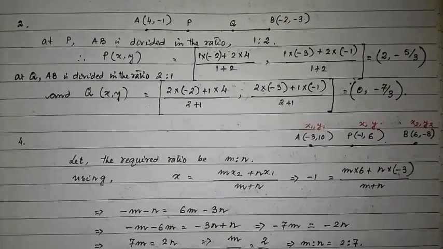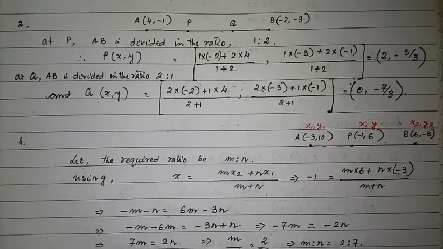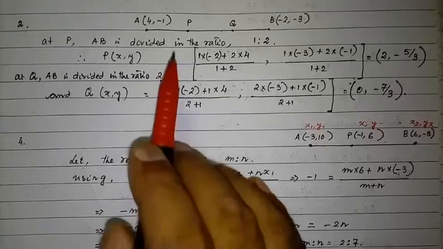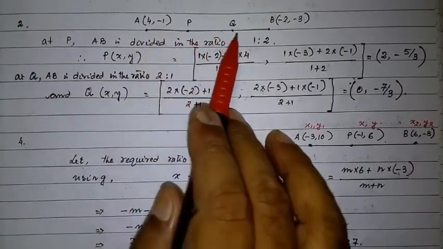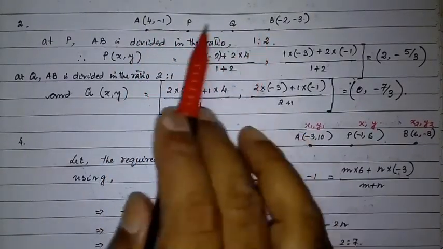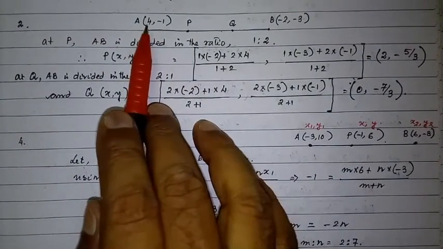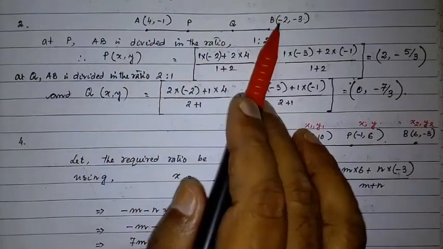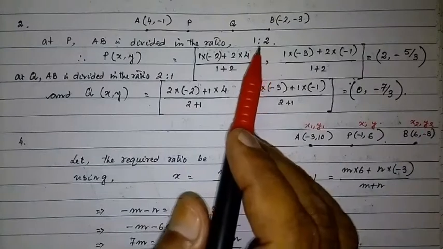Next, sum number 2. Find the coordinates of the points of trisection of the line segment joining (4, -1) and (-2, -3). Okay, then AB is the line segment joining the points A(4, -1) and B(-2, -3).